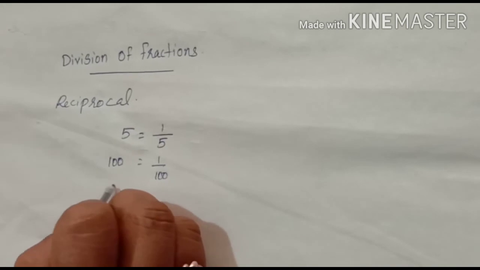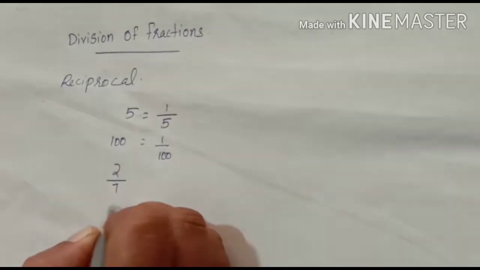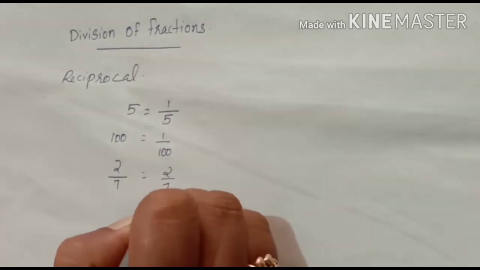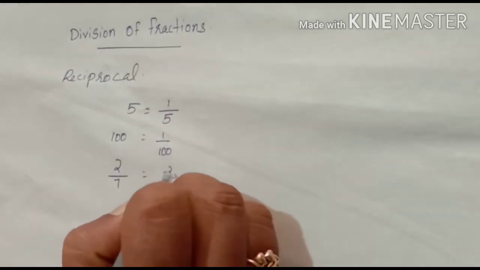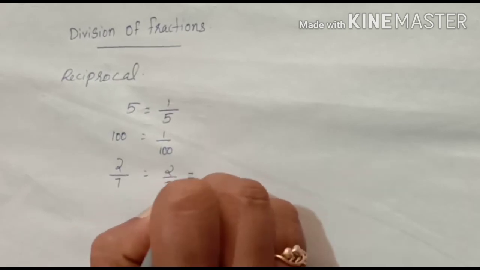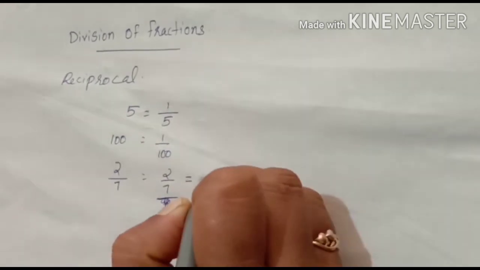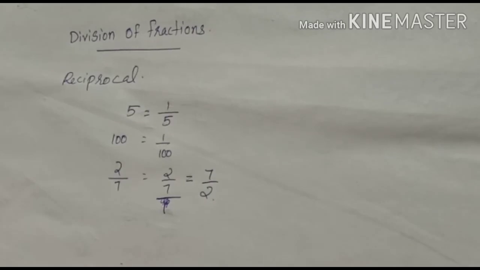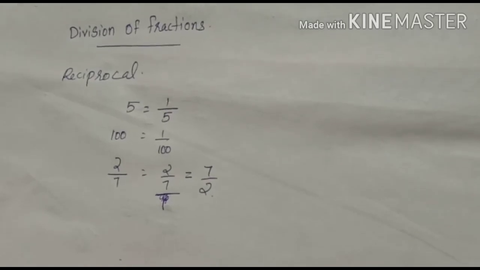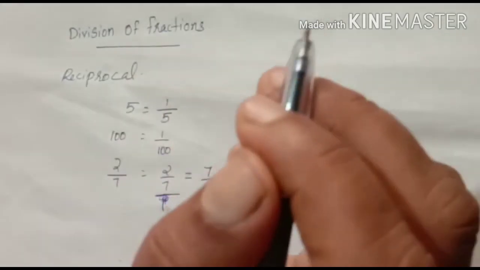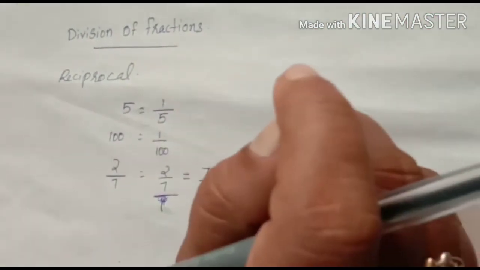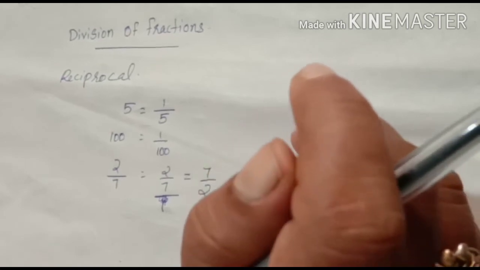Reciprocal of 2 by 7 equals, actually it is 1 by 2 by 7. That means, which is equals 7 by 2. The reciprocal of all fractions are just change their numerator and denominator, interchanging their numerator and denominator.